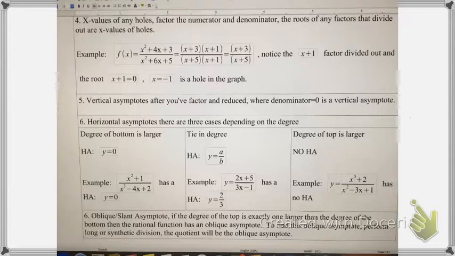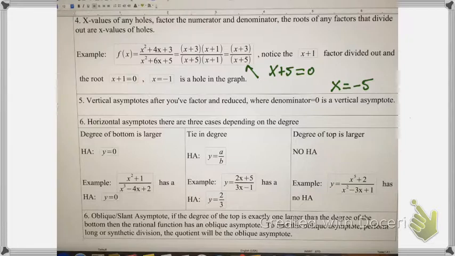Now what you have left in the denominator is an x plus 5, so if we solve x plus 5 equal to 0, then x equals negative 5 is going to be our vertical asymptote.